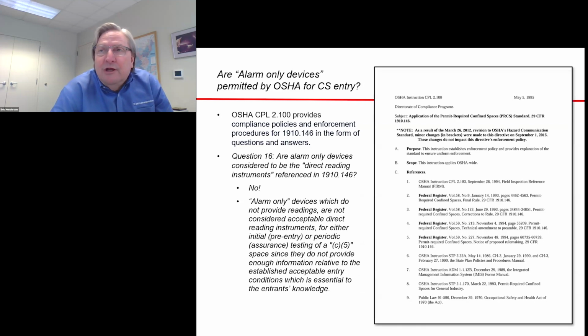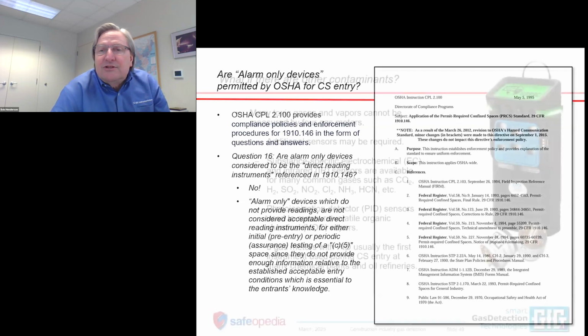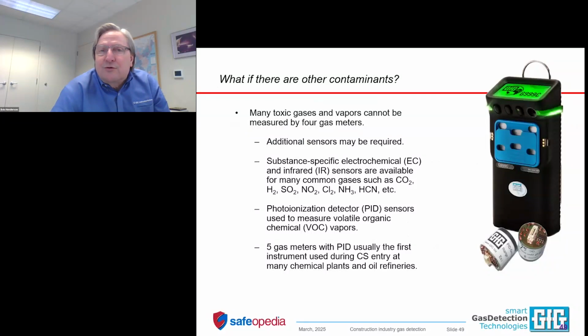It's not acceptable for pre-entry testing for confined space entry, nor is it acceptable for ongoing testing. You need to have a number. You need to be able to see if the concentration is changing, which you can't do if the only thing you have is a yes/no alarm.